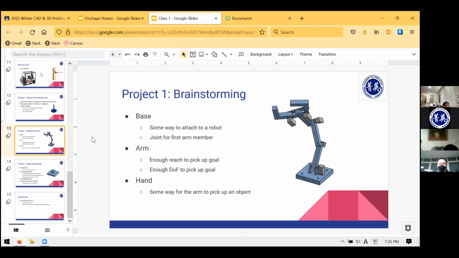I'll help you out a little bit here with the brainstorming. This is what I quickly came up with, just as a very simple representation of a robot arm. The little colored blocks here are like servos. In a real system, you need some kind of motor in order to actuate the parts of your system, right?